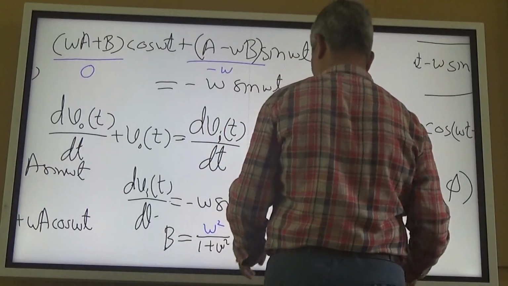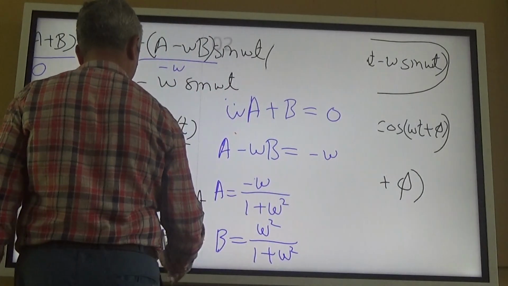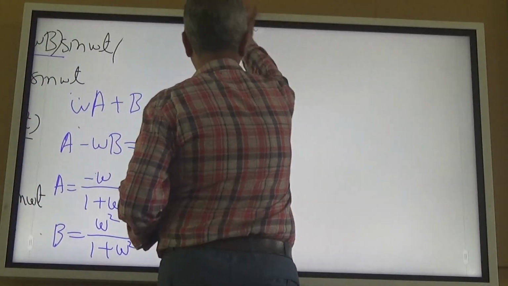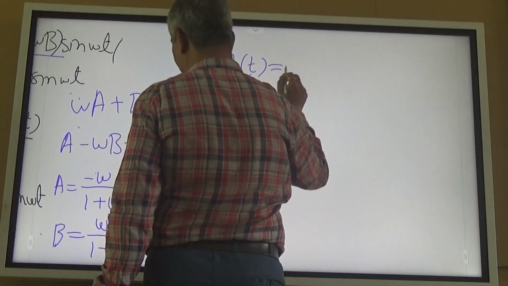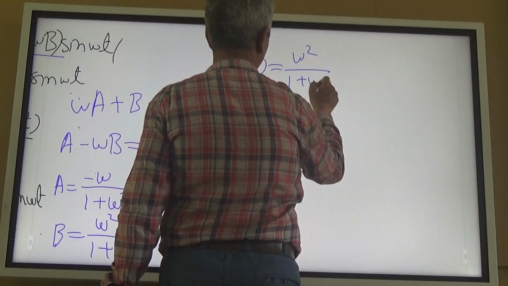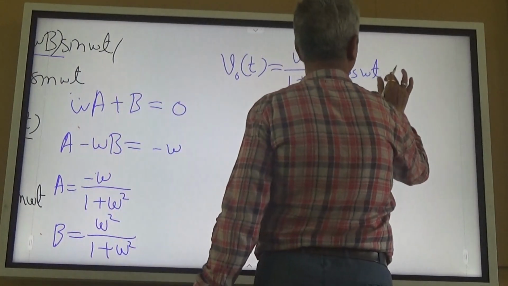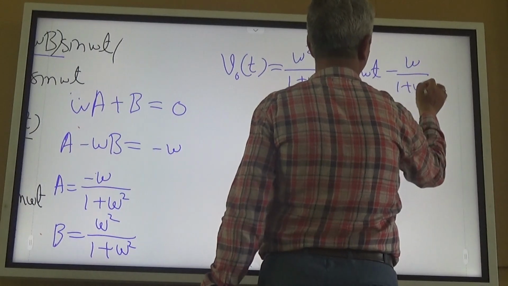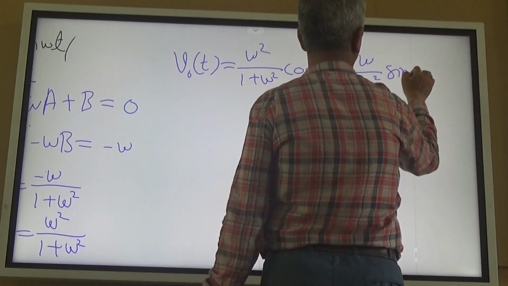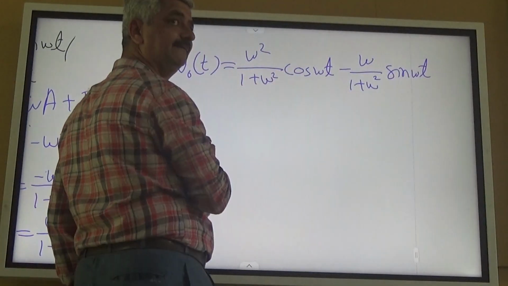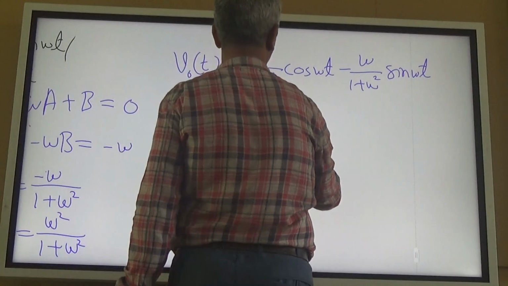So now what do we get? Now the answer is VOT is equal to B, that is omega square upon 1 plus omega square cos omega t minus omega upon, is it right? So taking 1 upon 1 plus omega square outside, what do we get?